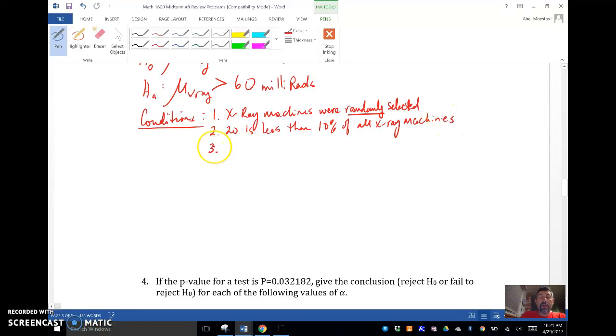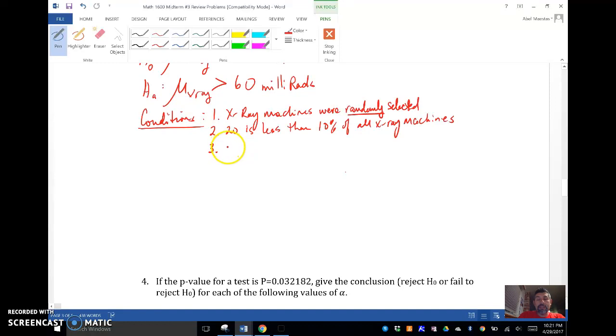And then third, I have to show that the data are unimodal and symmetric, or that they come from a population that's unimodal and symmetric. Now I don't know that, but it did give a mean and standard deviation. On the test, I will give you the histogram, so you're just going to make reference to that.